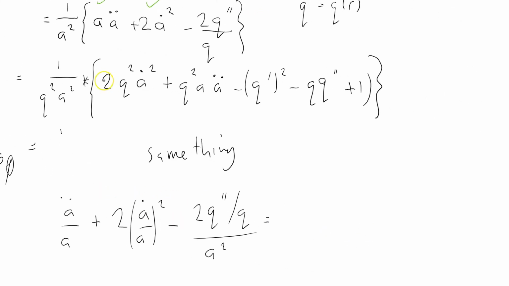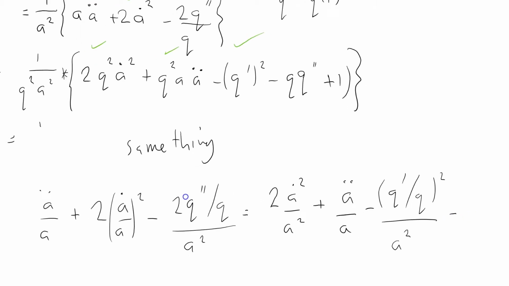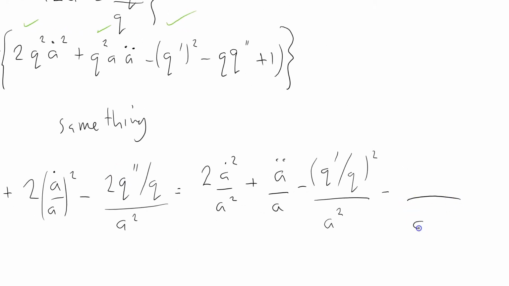Equals this term here, 2, q's cancel, a dot squared over a squared, which is that term there, plus the q cancels, we've got a double dot over a for that term there, minus q dash divided by q all squared over a squared for that term there, minus q double dash over q over a squared, that's q double dash upon q.